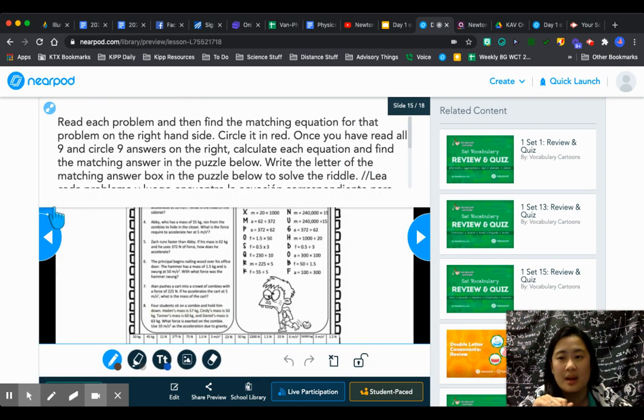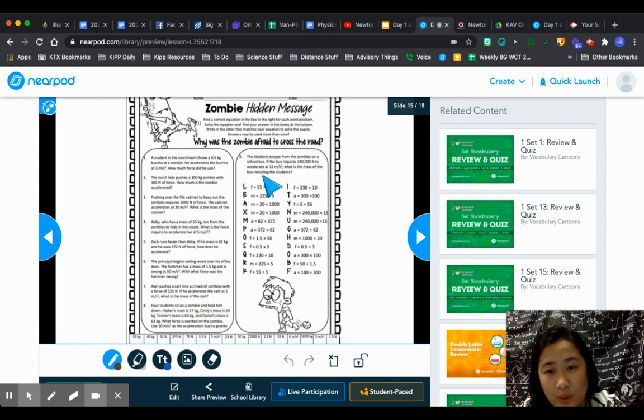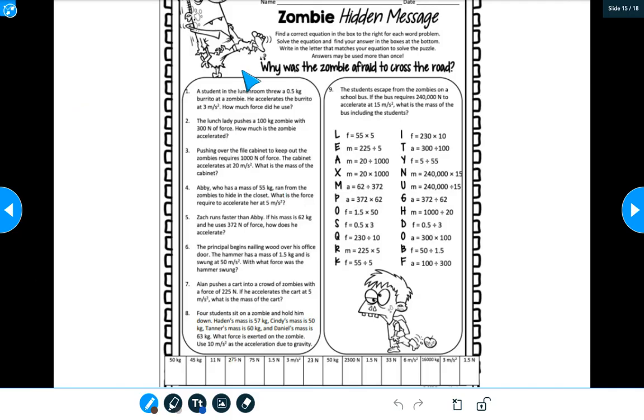You have this worksheet called Zombie Hidden Message, and your riddle is, why was a zombie afraid to cross the road? Your job is to read these 9 problems, and decide on what formula it matches on this side. Let's take a look at it.